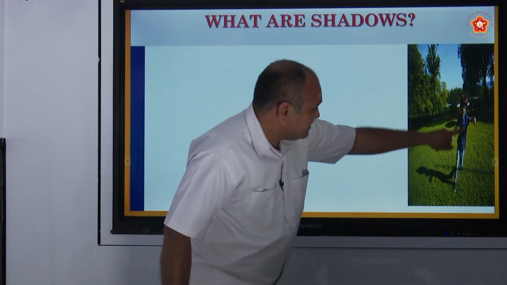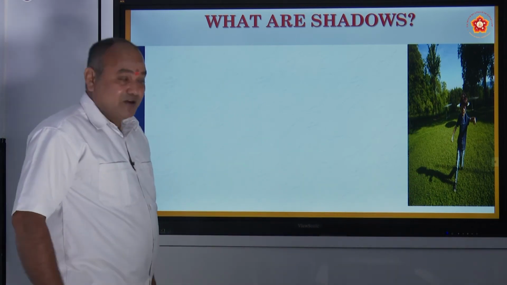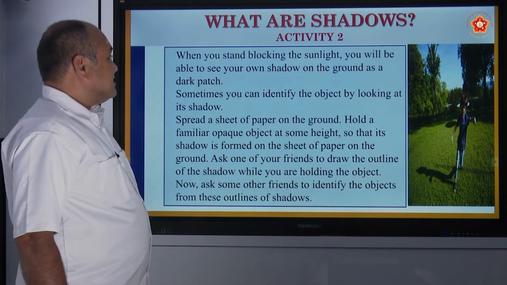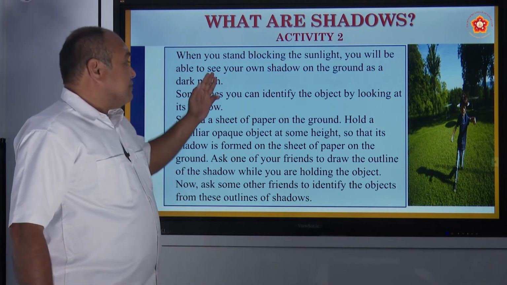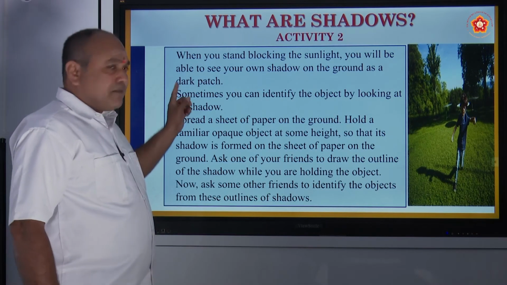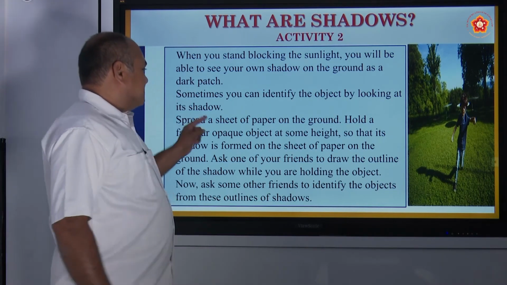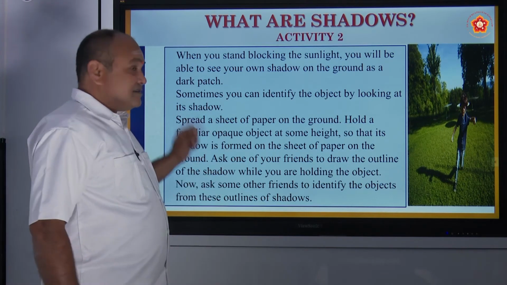See, and this is the dark patch, right? That is a shadow. So let us do an activity. When you stand blocking the sunlight, you will be able to see your own shadow on the ground as a dark patch. Sometimes you can identify the object by looking at its shadow.